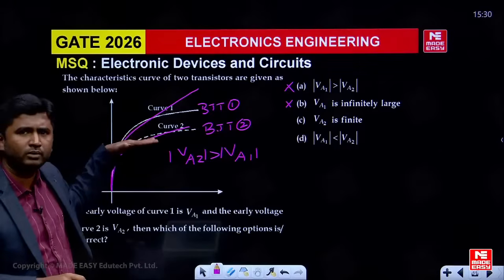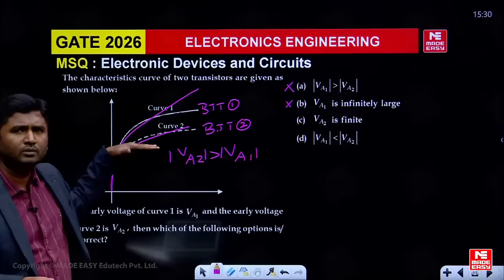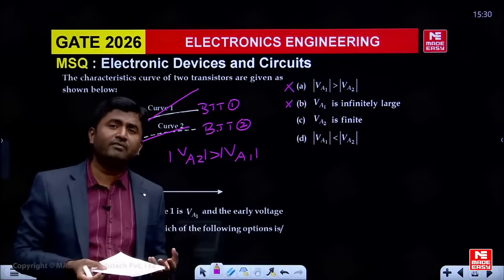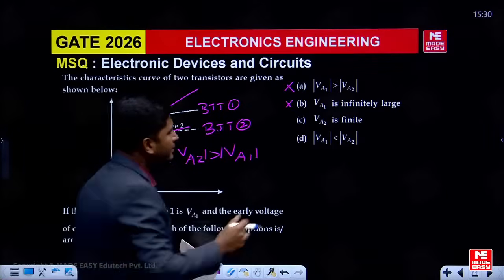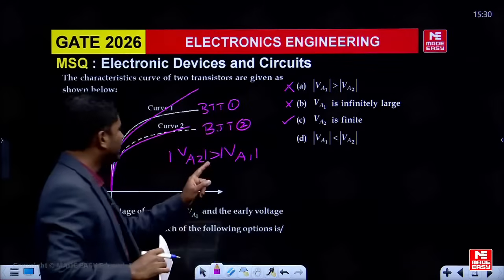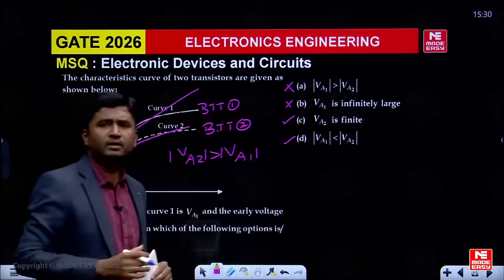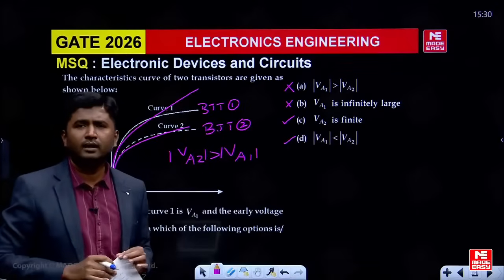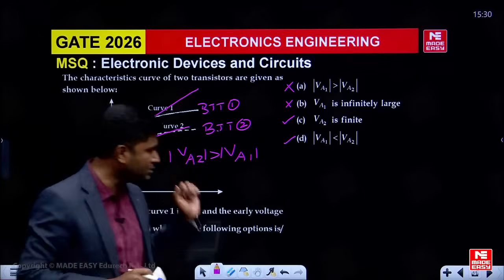Remember, if slope is 0 then early voltage will be infinite, but here the slope is non zero, so both BJTs will have finite early voltage. So that way option B is wrong, and VA2 finite we will consider correct, and VA1 less than VA2 is also correct. So in this question these options were correct. Option C and D are the correct answer. So this was the question about BJT early effect. Let us go to the next problem.